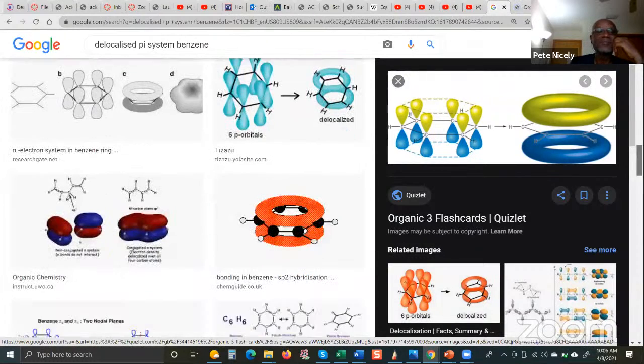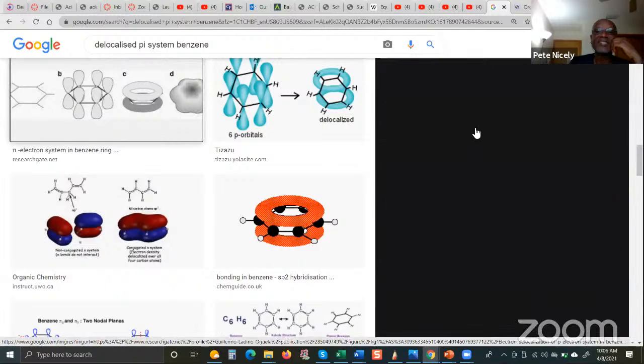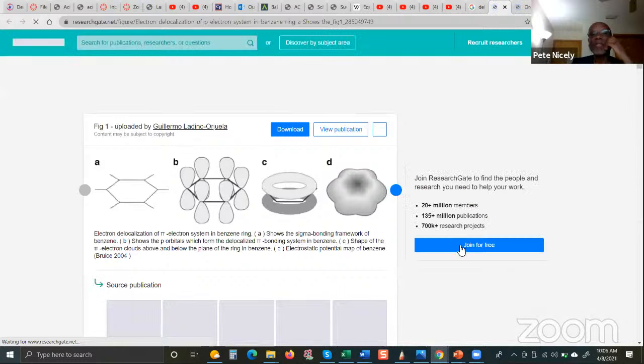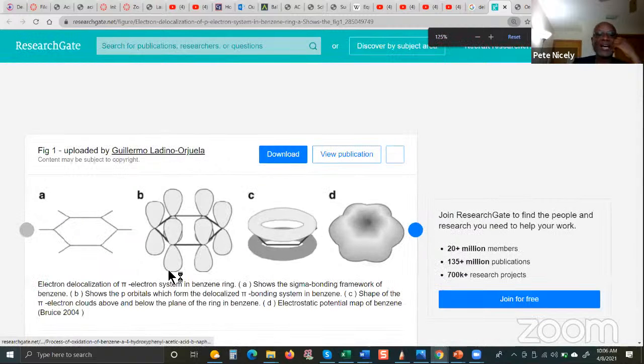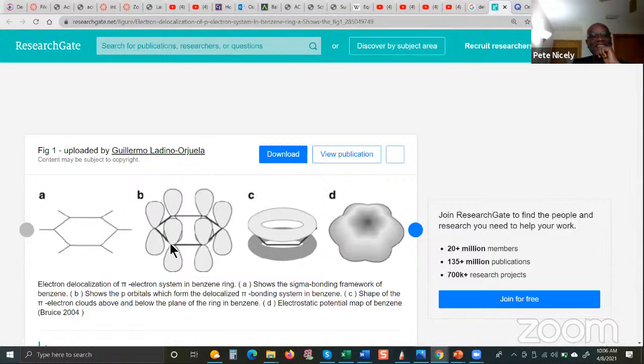Let me see if I can make this larger. Okay, this is not as good as the one I thought I would be able to show you, but basically, as I said before, after you've established the sigma framework, which looks like this, these are the p orbitals which are unaffected by hybridization, and they will overlap sideways right around the ring for both the top and the bottom of the ring, and you're going to end up with your delocalized pi system, which is represented by what you see here in the case of structure C, all right?